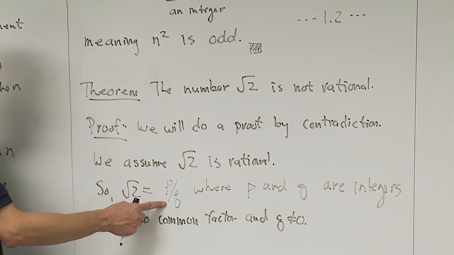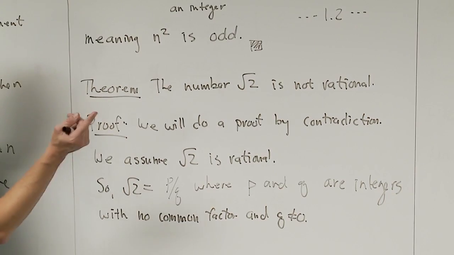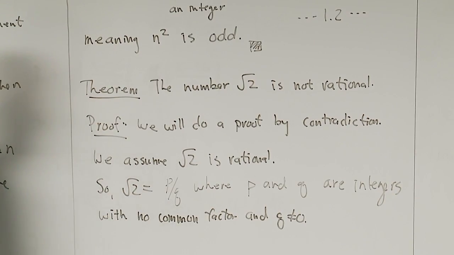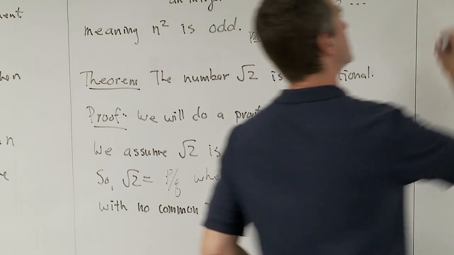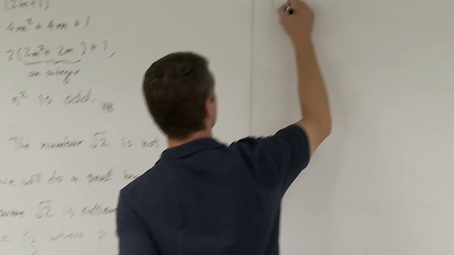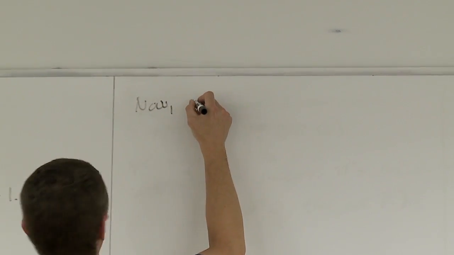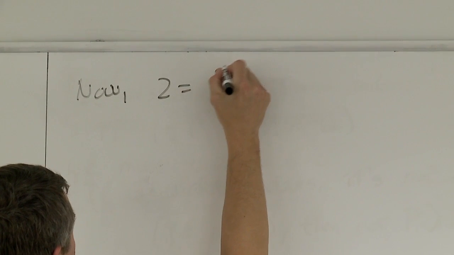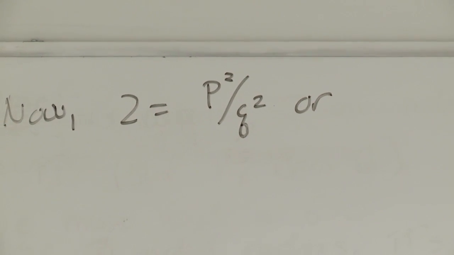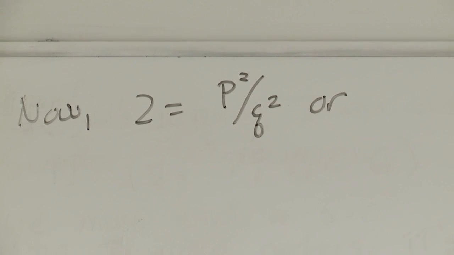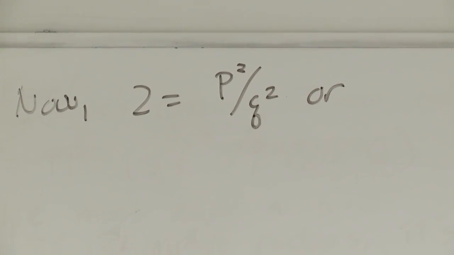OK, well, we've got this equation. It's got a square root in it. Let's get rid of the square root. What should we do to both sides now? Square both sides. So now, if we square both sides, we get 2 equals p squared over q squared. So if you're like many students, you don't like square roots, so you're happy that we got rid of the square root.